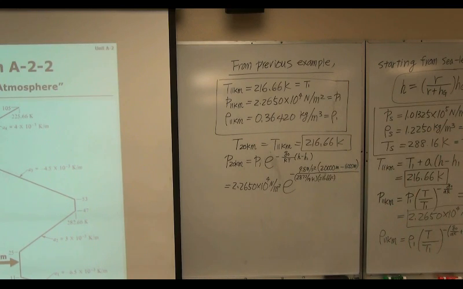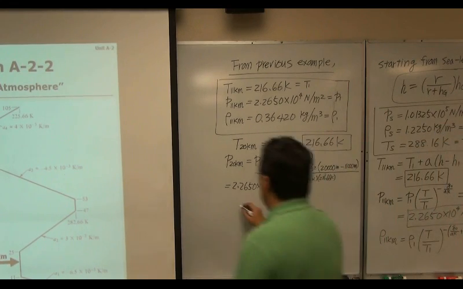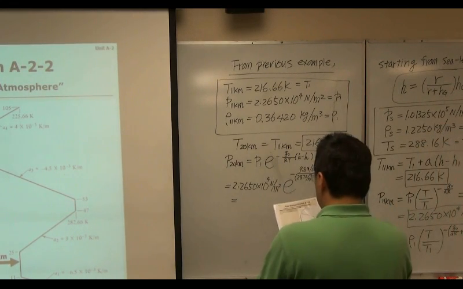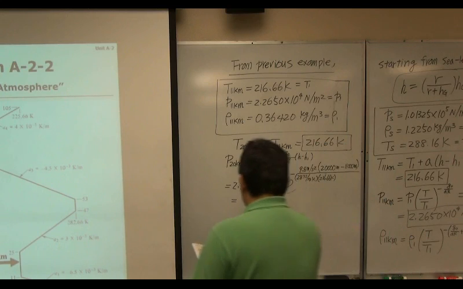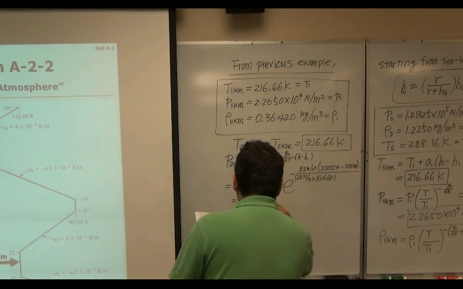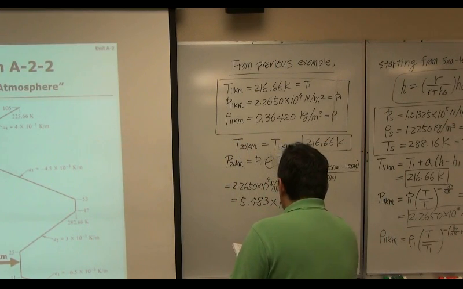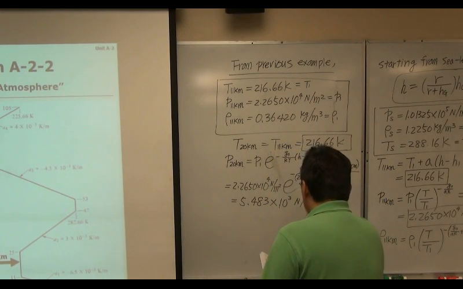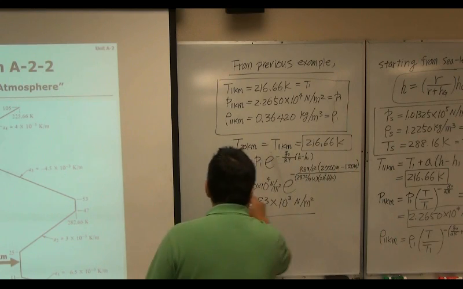So if you pick up your calculator and plug those numbers in, you're going to get pressure at 20 kilometers, which is 5.483 times 10 to the 3 Newton per meter square. Here we go, we got it.